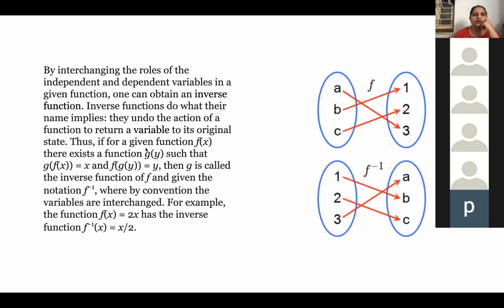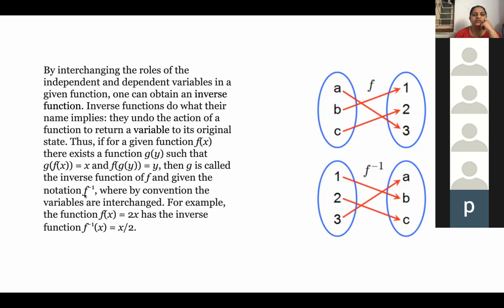Thus, if for a given function f of x, there exists a function g of y such that g of f of x equals x and f of g of y equals y, then g is called the inverse function of f and given the notation f inverse.